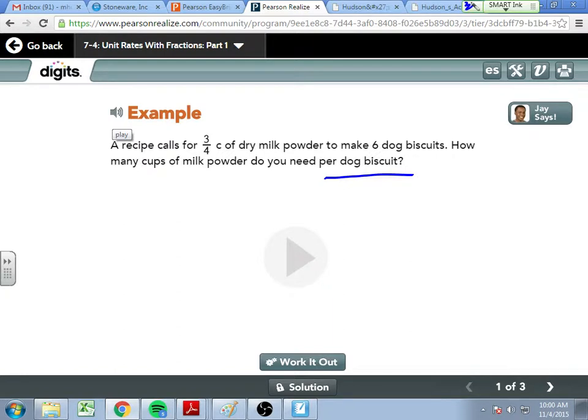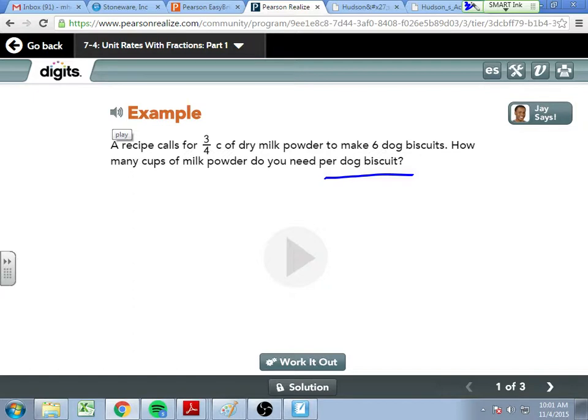What do we know based off the statement of it saying how much milk do you need per dog biscuit? What does that tell me about the math I need to set up? We're going to divide, yeah, but what divided by what? What's the order of this division going to be?